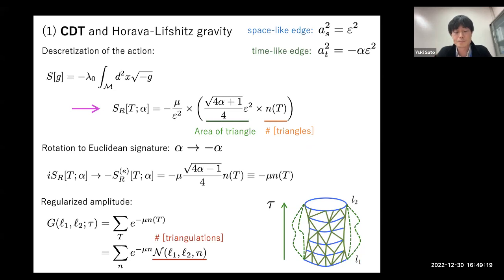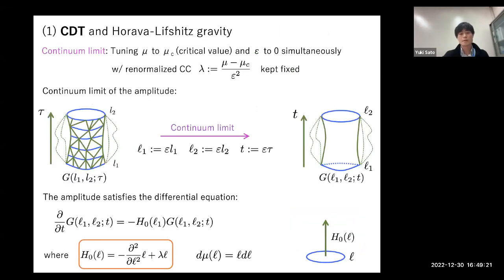Because of this behavior, when tuning mu to mu c, the average number of the triangles blows up to infinity. This is a very important feature. And simultaneously, if you tune the lattice spacing to 0 in a correlated manner, you will get the continuous surface. This is the intuitive explanation of the continuum limit.